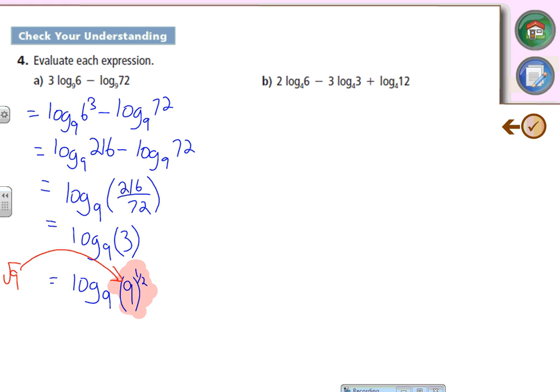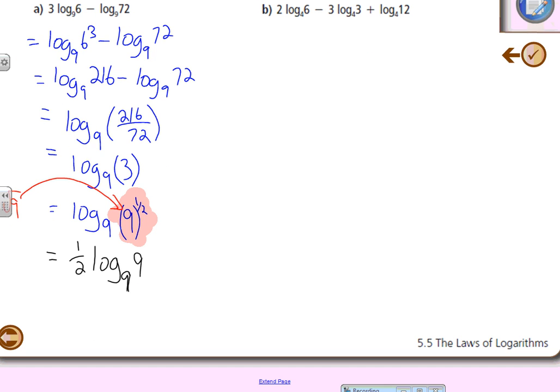So at this point we can bring that exponent down in front. That's 1/2 log base 9 of 9. Log base 9 of 9 is 1. So we've got 1/2 times 1. That's 1/2. There's your answer.